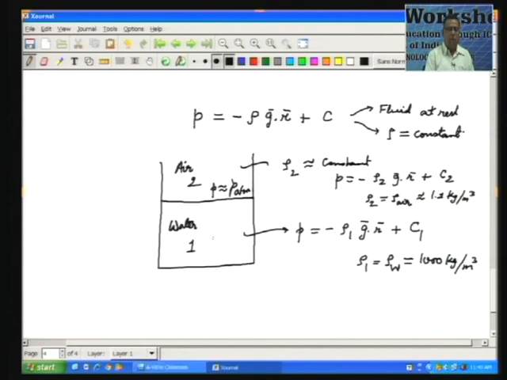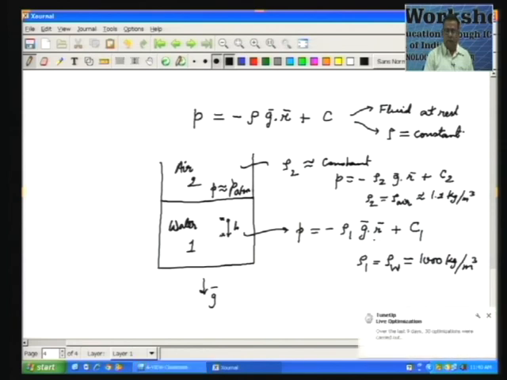We cannot say the same here in water, because if you take any 2 points in water, if this is the direction of gravity, if these 2 points are distance h apart, the difference of the pressures between these 2 points will be rho 1 g h, as you can see from here. So, that cannot be neglected.